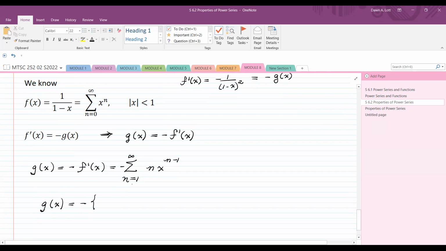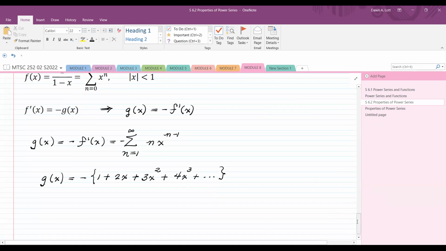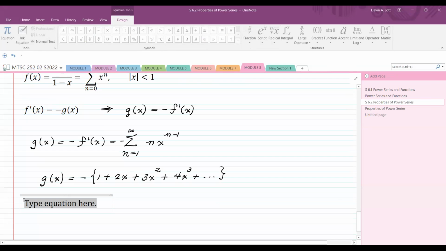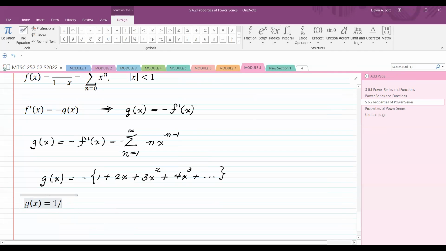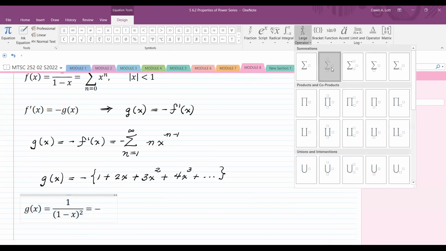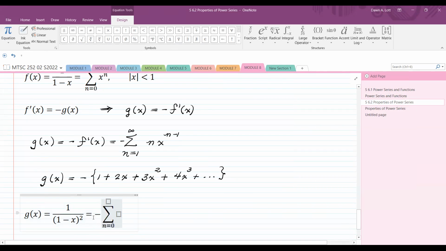When n is 1, I get 1, then 2x, then 3x squared, then 4x cubed, etc. So I now know that G of x, equaling 1 over 1 minus x squared, is simply equal to the sum n equals 1 to infinity of n x to the n minus 1.